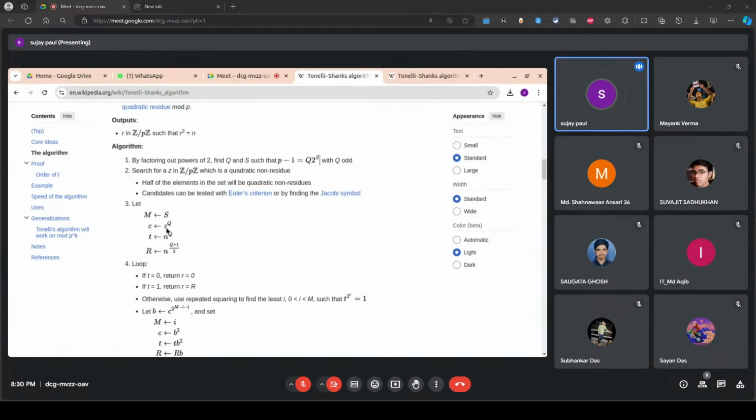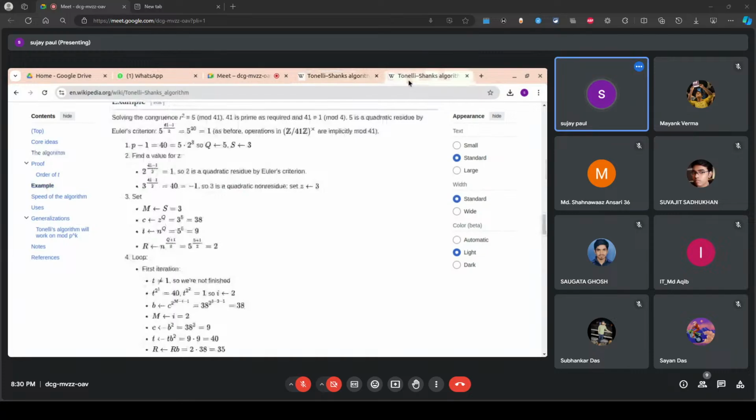I have got z. z to the power q should be the value of c. t will be n to the power q. And r will be n to the power (q plus 1)/2. Again, let's see. Initially I have got q equals 5, s equals 3, z equals 3.